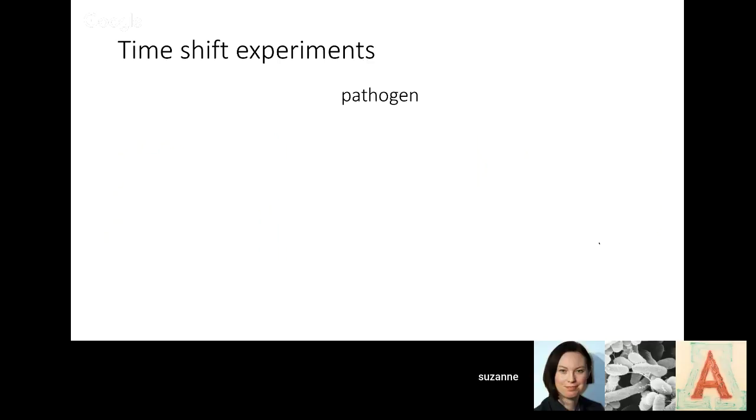So the most direct way of getting evidence of coevolution is via time shift experiments. Again, this has been done between pathogens and hosts, but not between pathogens and defensive symbionts that I'm aware of.